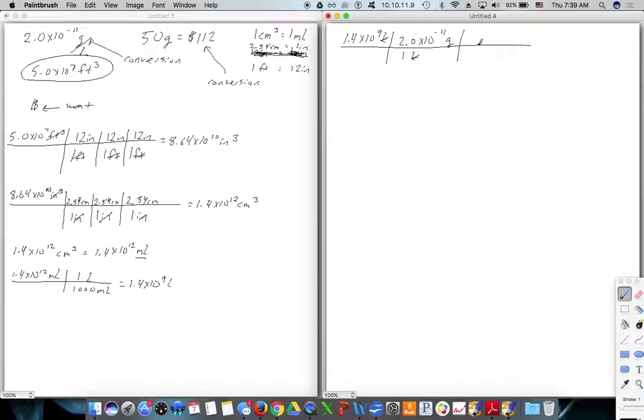And then we have 50 grams is $112. Grams goes away, and that gets us our value, which, let's hold our breath here that I didn't make any stupid mistakes.